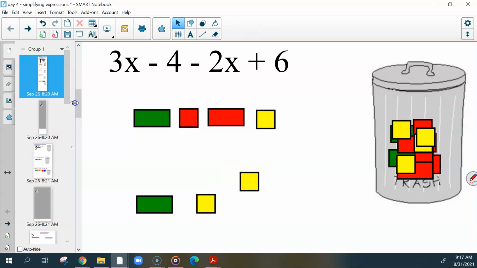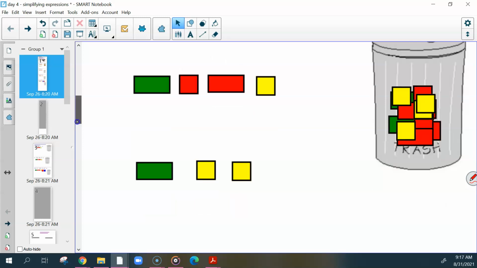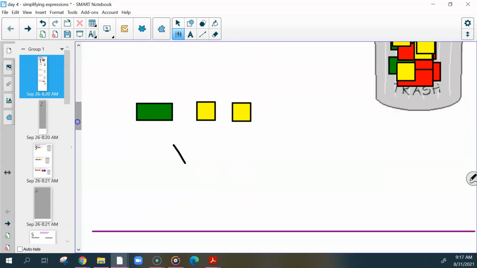And this is all I have left. What do I have left? As you make your zero pairs, those can be ones you disregard. I'm not going to count those.